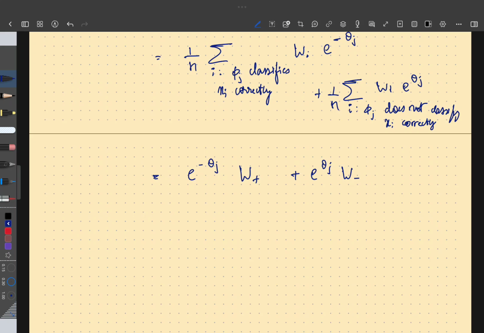All right. So now how would you minimize the right hand side? Firstly, what kind of a function is the right hand side? Is it going to be convex or concave? What do you think? How would you check whether this function is convex or concave?